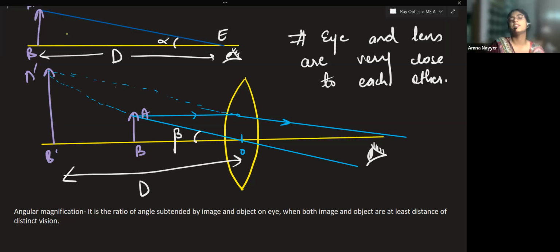Now angular magnification is very easy. Angular magnification is simply the ratio of what?